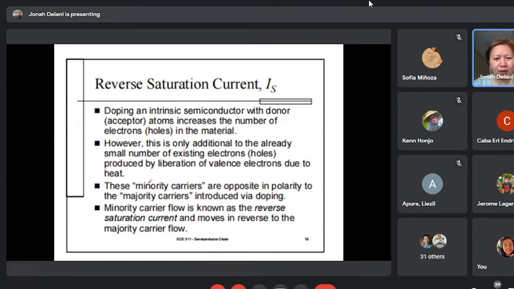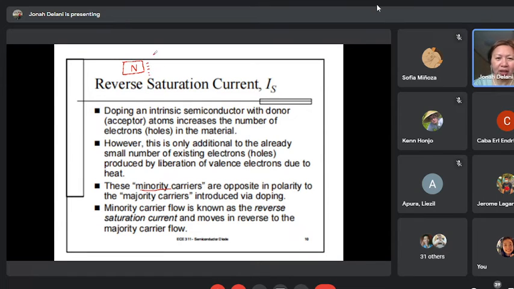Reverse saturation current is the flow of minority carriers. Take an N-type material. It has many electrons, negative.